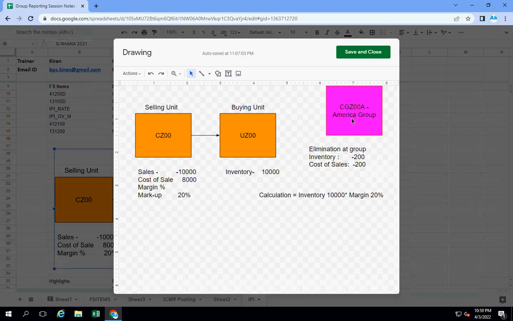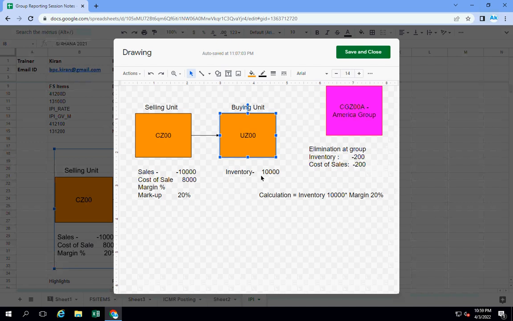Now when I am consolidating at America group level, I need an elimination at group level. What is that elimination? Whatever markup or margin Canada has, 20% margin, that amount should be reduced from the US inventory. The right word is eliminated from the inventory.